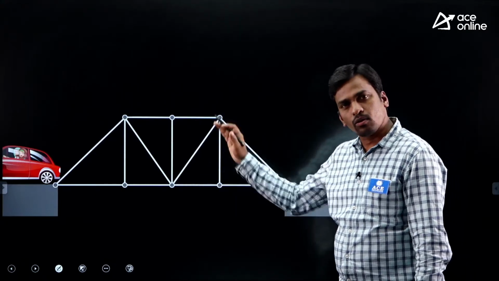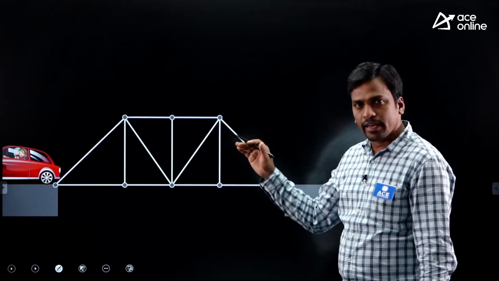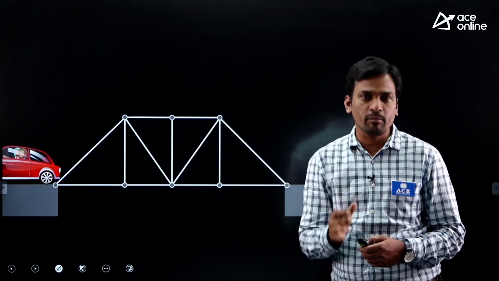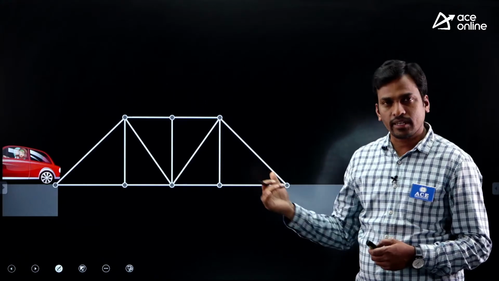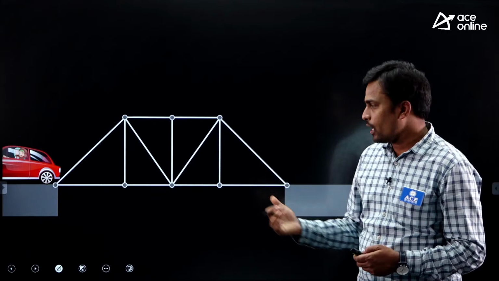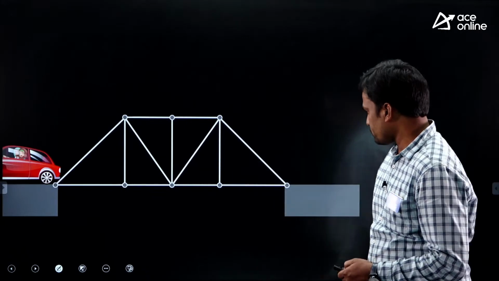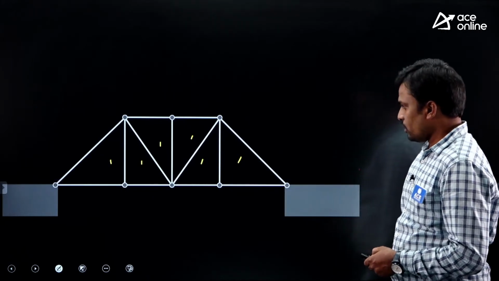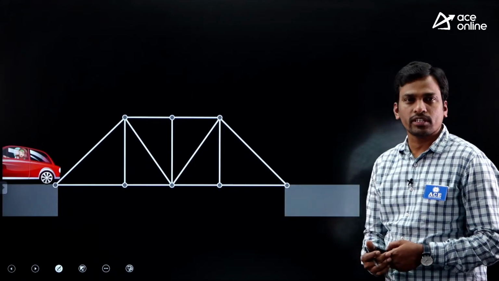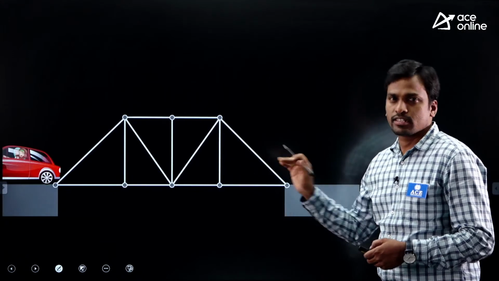Yes, it regains its original position. If it regains its original position, then only it is called an internally stable structure, right? Yes, it is called internally stable. It regains its original position. I'll show this one more time. Look here. Yes, it regains its original position. Now it is safe, it is stable.